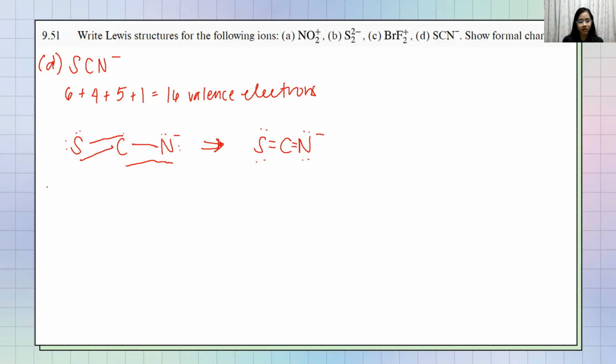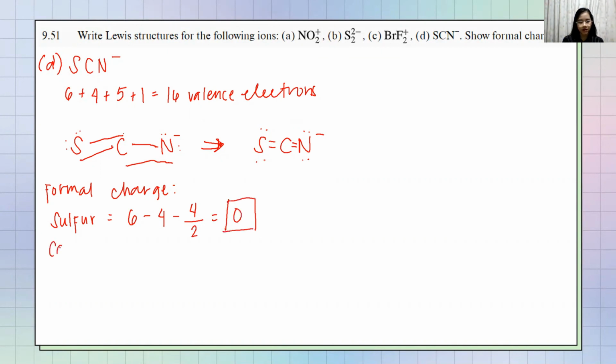So for the formal charge, we apply the formula before. So sulfur has a total of 6 valence electrons and 4 non-bonding electrons. Then sulfur also has 4 bonding electrons over 2. That is 0.